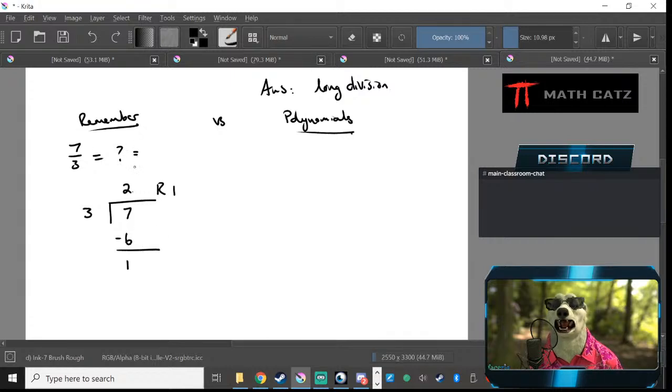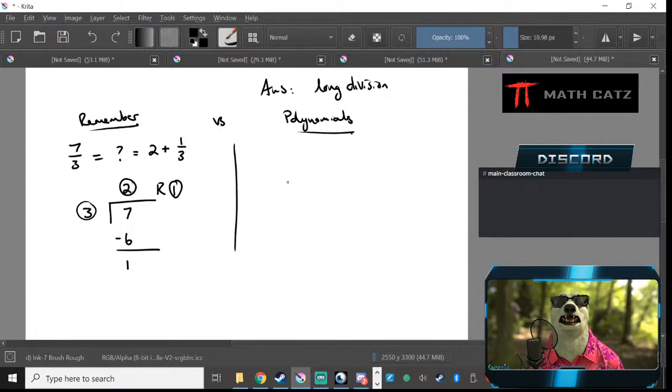This 7 over 3 can then be rewritten using the quotient, the divisor, and the remainder as 2 plus 1/3, or 2 and a third. The plus is just hidden in the mixed number. Okay, everyone should remember this. It's elementary school, grade 4, let's say.